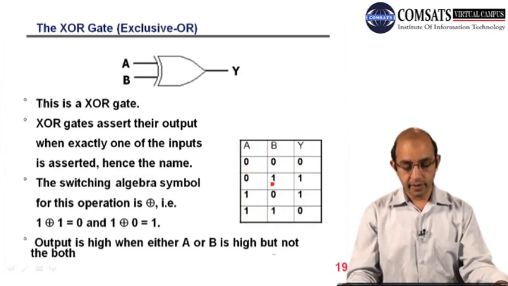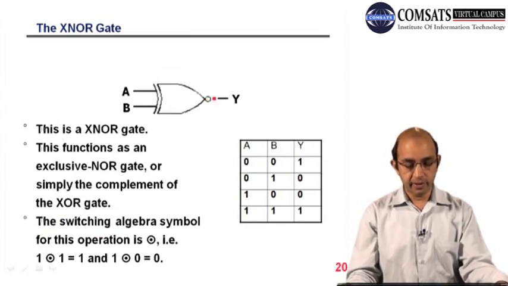Either A should be high or B should be high, but not both, because whenever we have both inputs high, we will get a 0. So this is another logic function. We represent this logic function with a plus sign with a circle.